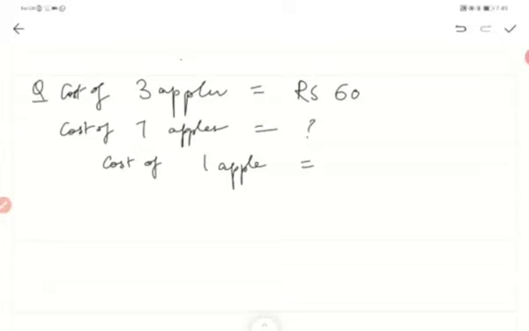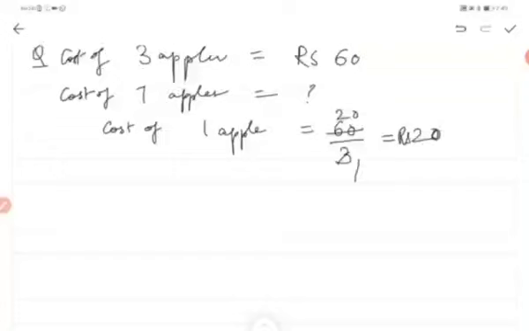The total cost of this is 60. Cost of 3 apples divided by 3 will give us the cost of 1 apple. So this will be 3 ones are 3, 3 twos are 6. So cost of 1 apple is 20 rupees. Now it's easy for us to find the cost of 7 apples.